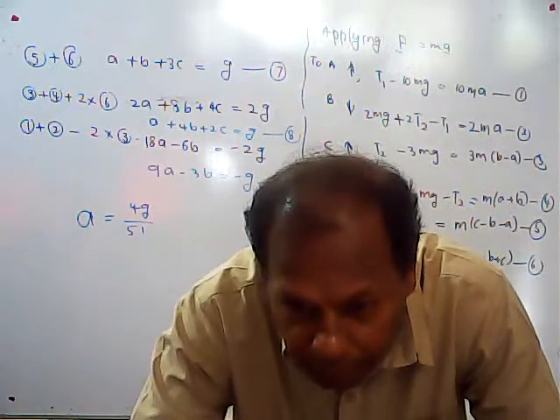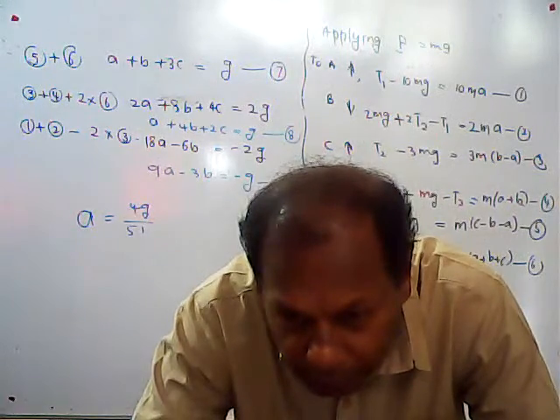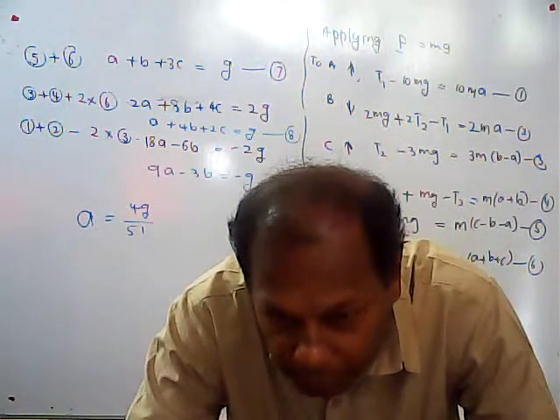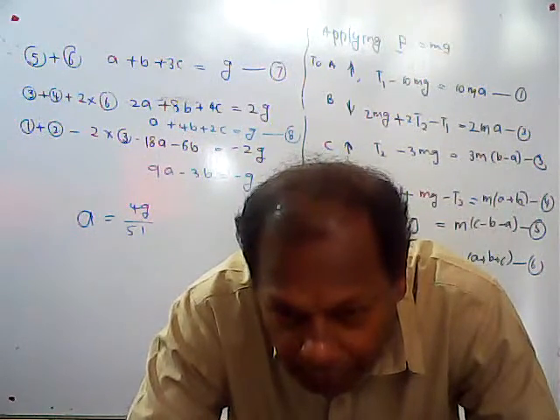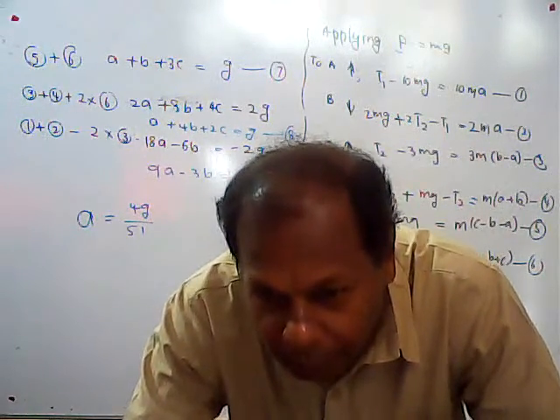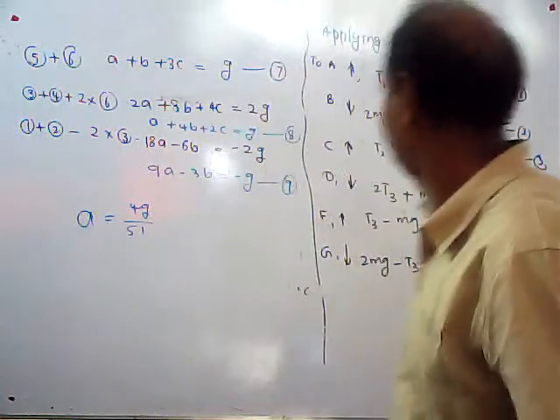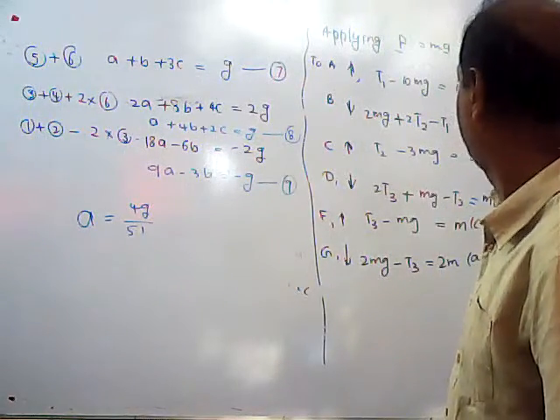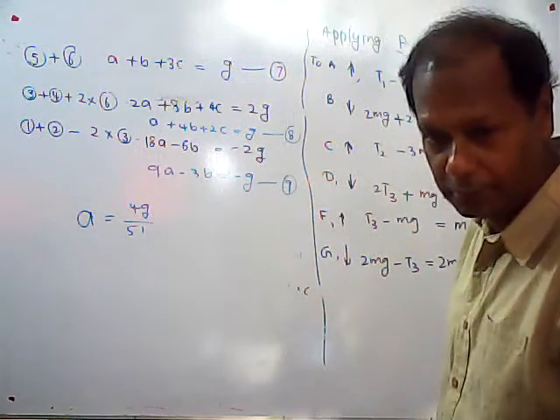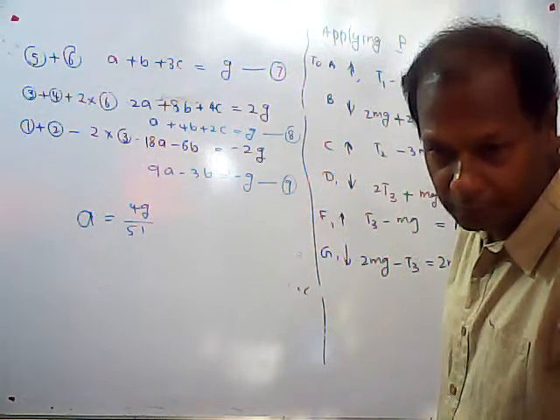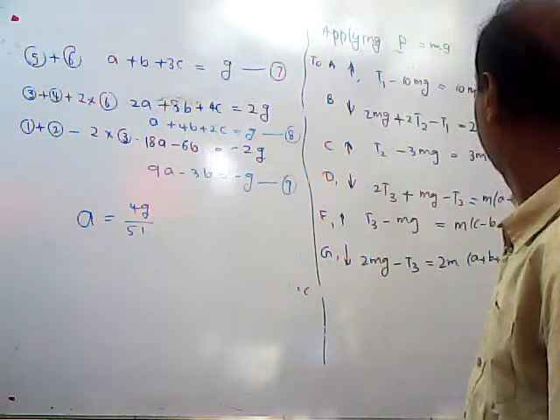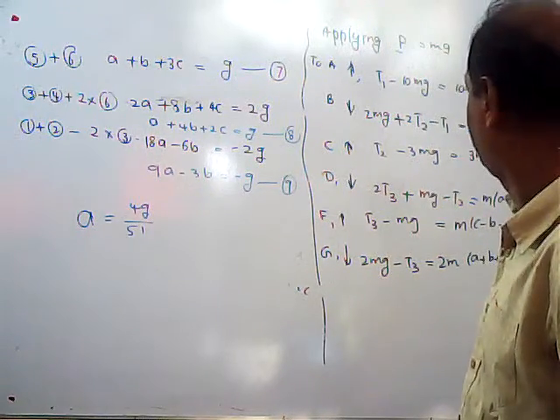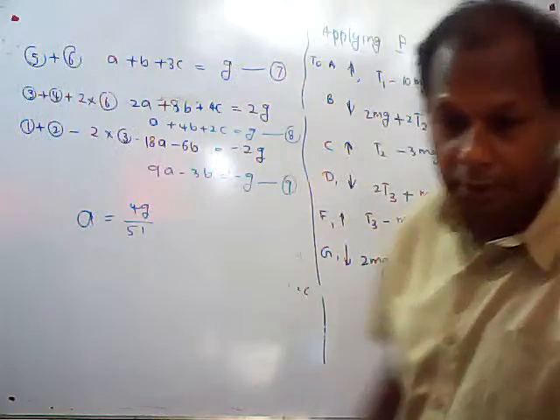So the equation of B is 9mg minus T1. No, it's wrong.